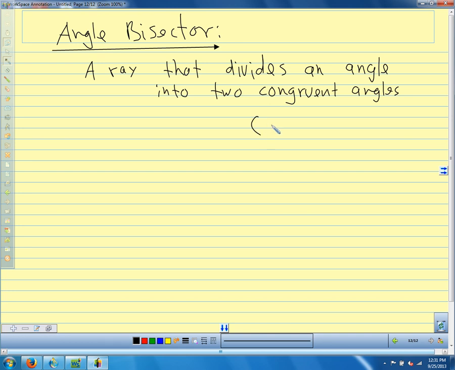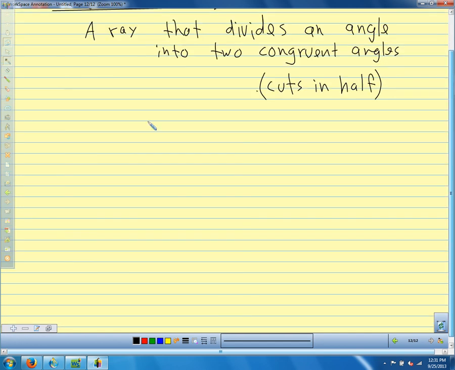And what we mean is it cuts in half. So if we drew a picture here, here's my angle, here's my bisector. Those are congruent.